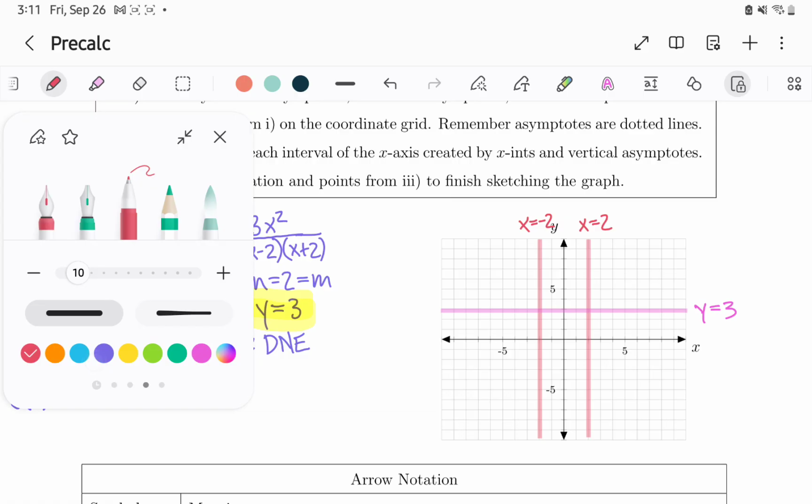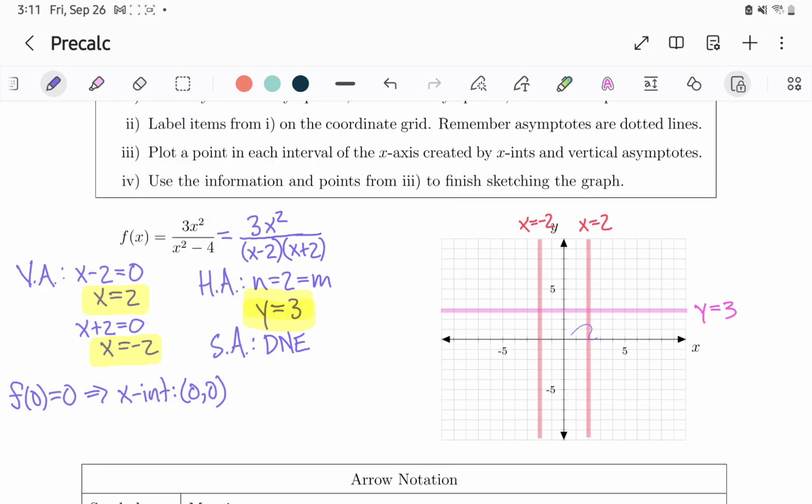Okay, and now for the actual graph. So let's start plotting some points. So we have the x-intercept at 0, 0. Let's go ahead and calculate what f of -1 is going to be. By the way, if we look at the polynomial in the numerator and the denominator, they're both degree 2 polynomials, and they are both missing their degree 1 terms, their linear terms.